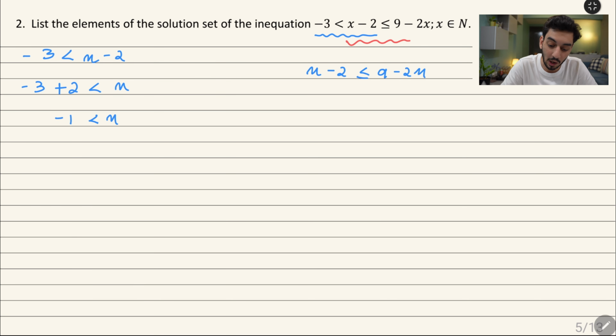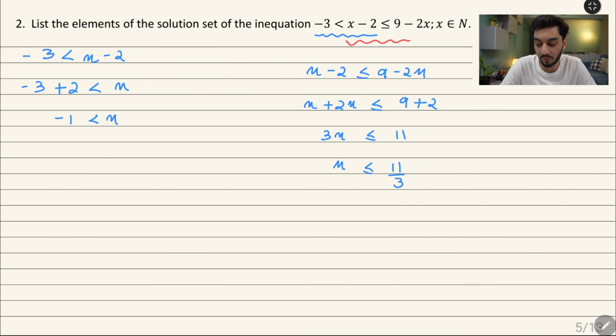Let's come to the other side. All the x's on the left hand side, everything that does not have an x goes to the other side. So x plus 2x less than or equal to 9 plus 2. x plus 2x is just 3x, less than or equal to 9 plus 2, which is 11. So x would be less than or equal to 11 over 3. Now 11 over 3, as we all know, is a decimal.